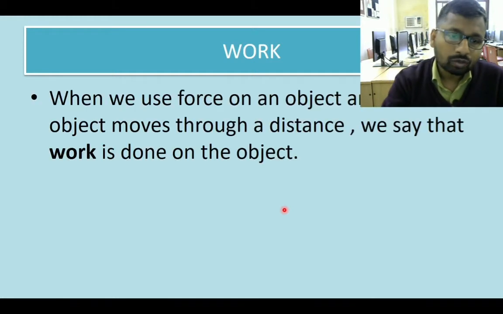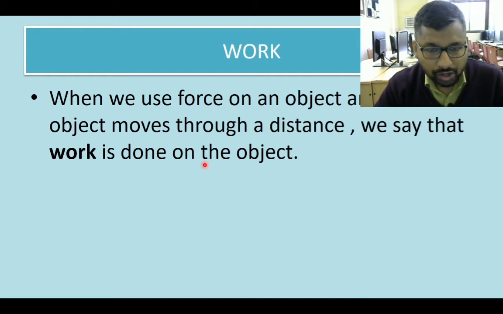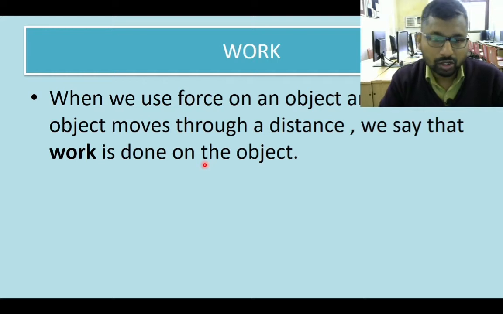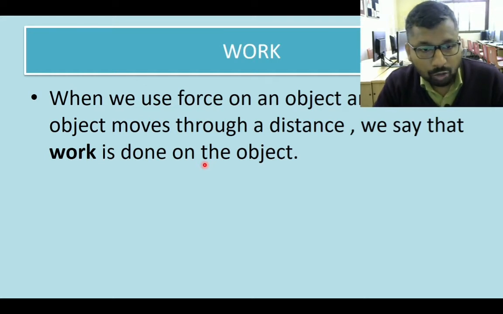Well, now comes the next concept, which is work. So what is work? When we use force on an object and the object moves through a distance, we say that work is done on the object. So whenever we apply force and that object moves through a certain distance, it is called work. What if we try to push a wall?